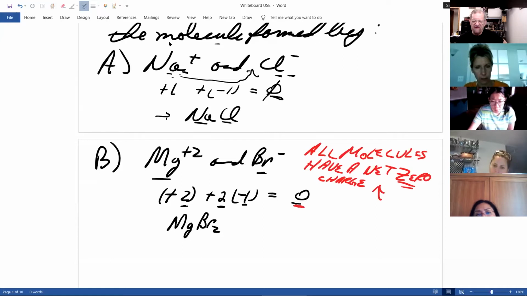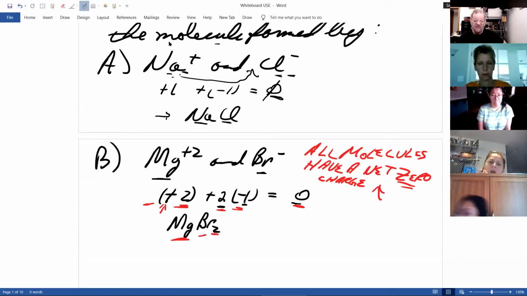So the driving force is the charges from each ion have to add up in a molecule to 0. You can't change what the charge is, but you can change how many they are. And what this tells us is there's 1 magnesium and 2 bromine in magnesium bromide.